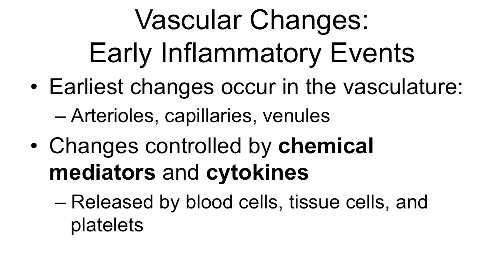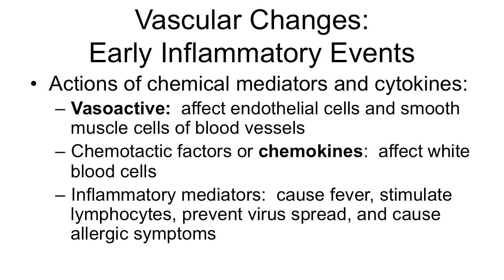So the vascular tissue is going to be able to secrete some of those chemical mediators. Now, some of them are vasoactive. They're going to affect the endothelial cells and the smooth muscle cells of the blood vessels to allow them to vasodilate.